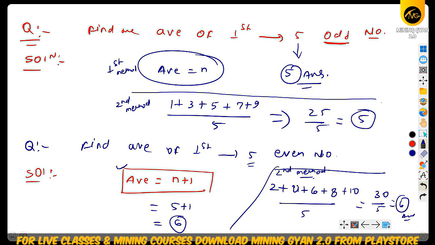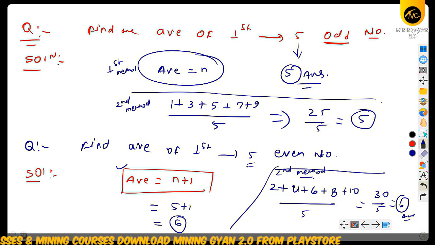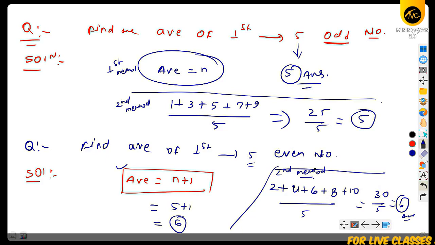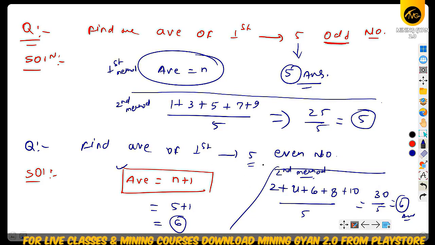If you have 5 or 6 numbers, you can easily add them. But suppose there are 25, 50 or 60 even numbers, then you just add 1 and you get the average of the even numbers. Like if you have to find the first 25 even numbers, just 25 plus 1, that will be 26, the average of the first 25 even numbers.